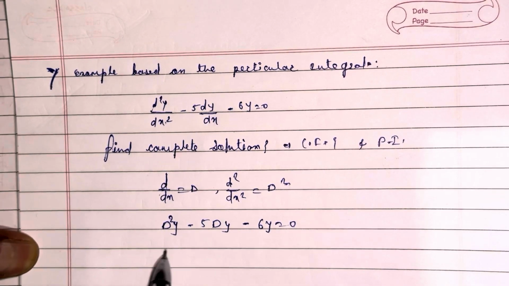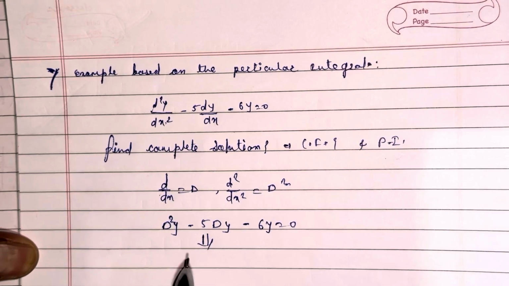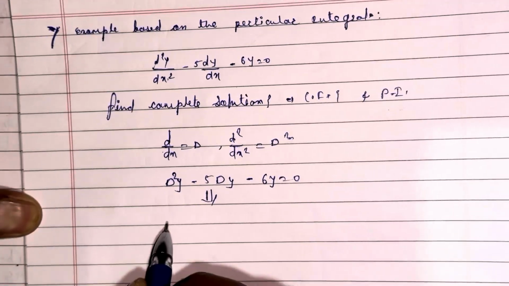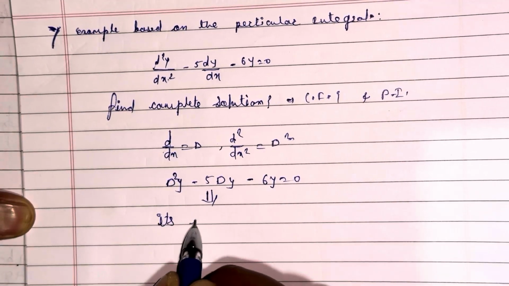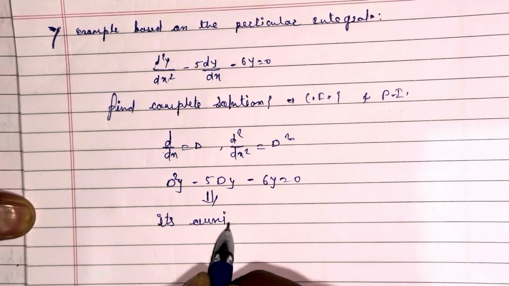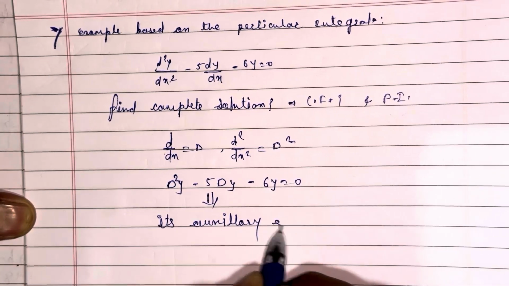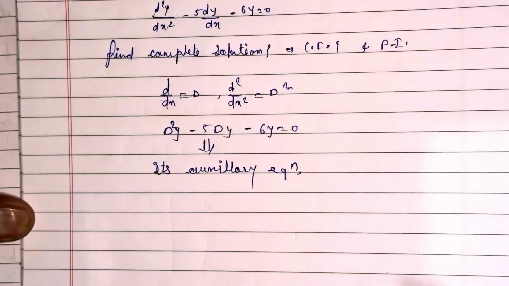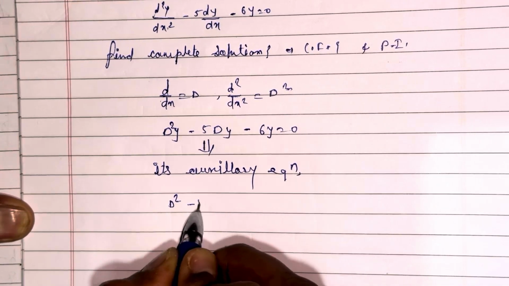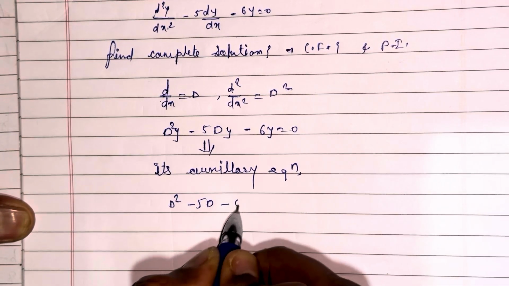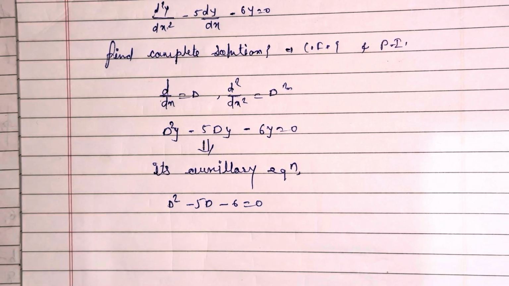Now we write its auxiliary equation as D square minus 5D minus 6, which is equal to 0.